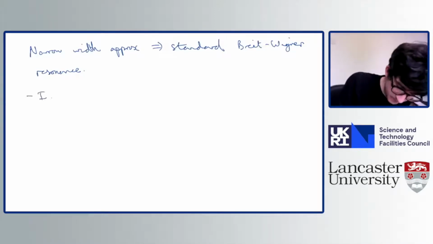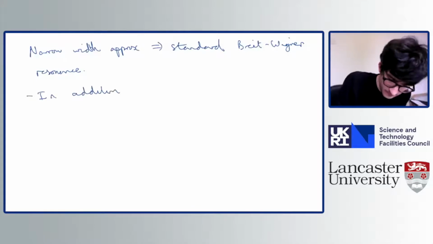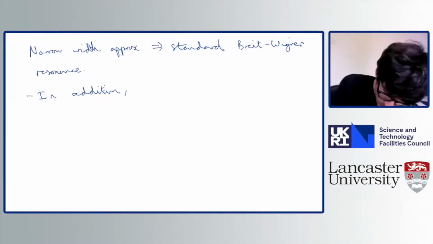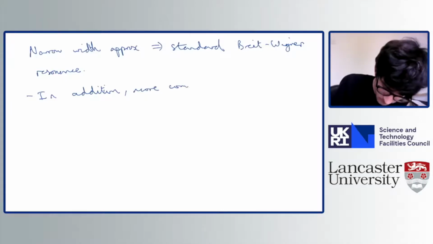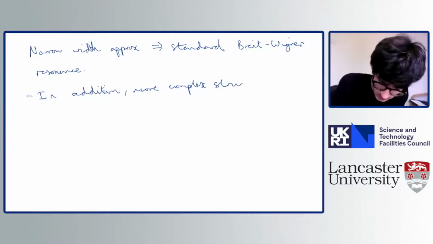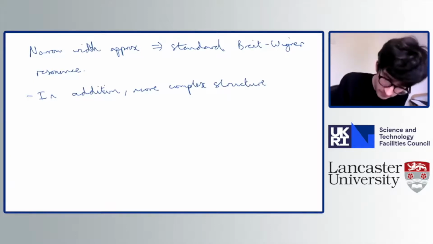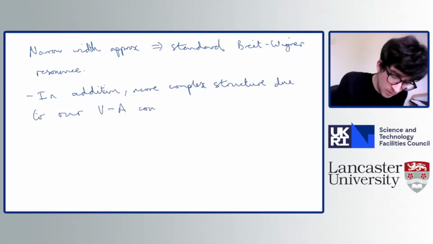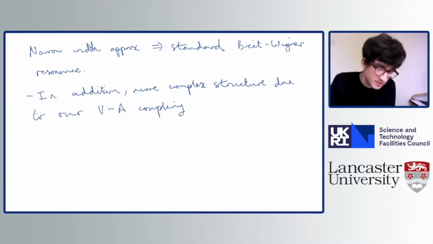And in addition, let me just comment, but I won't go into the details because there's a problem on this. There's a more complex structure due to the VA coupling of the Z.